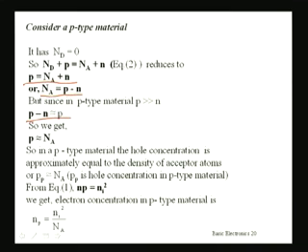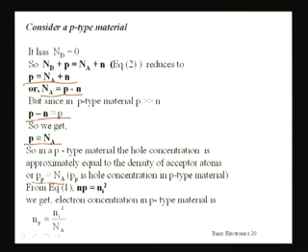So we finally get p is almost equal to Na. So in a p-type material, the hole concentration is approximately equal to the density of acceptor atoms. Using a subscript p, pp is almost equal to Na.